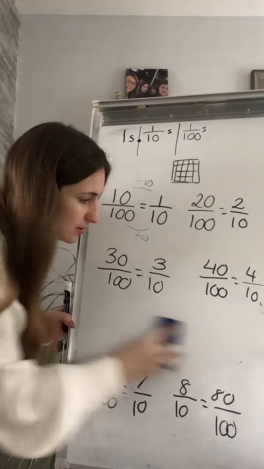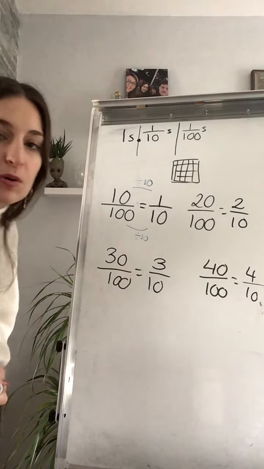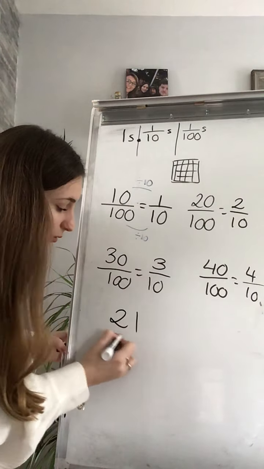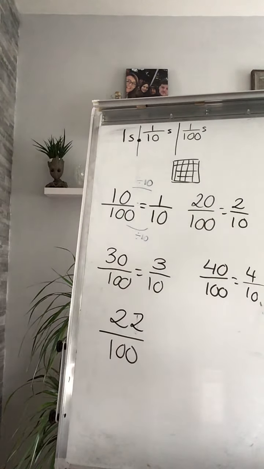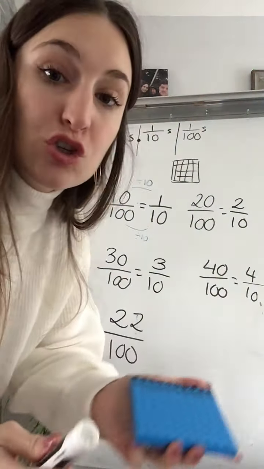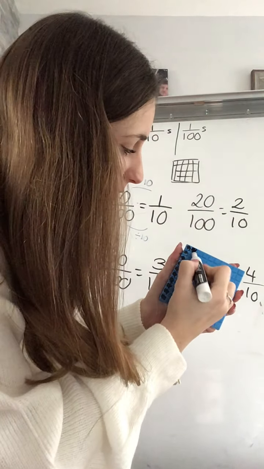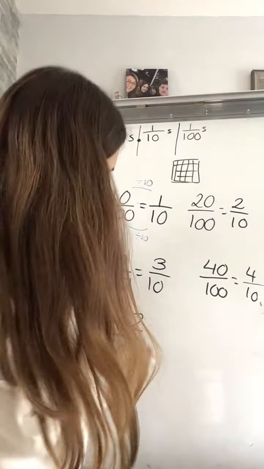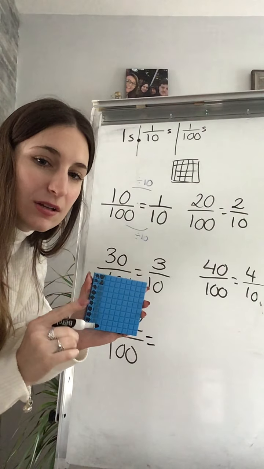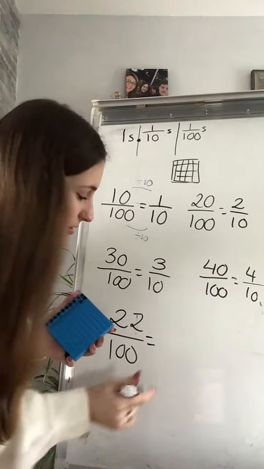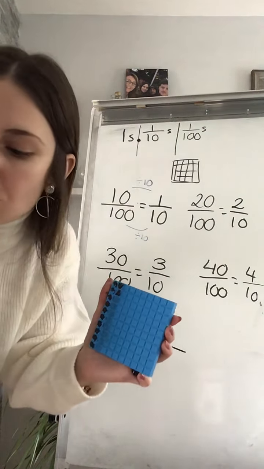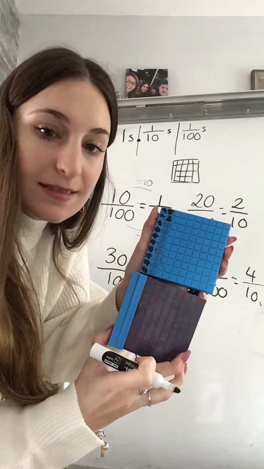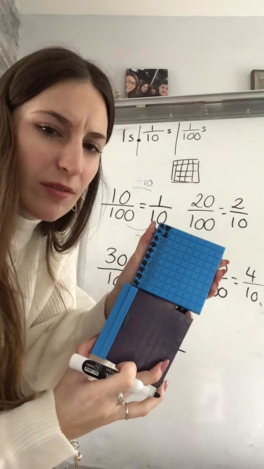So I'm going to just rub off these last two, and then we are going to see what happens if you have 21 hundredths, or actually I'm going to put 22 hundredths, like I had at the beginning. You remember when I had 22 hundredths? And if you ever need to find this as a fraction and you are dividing it because you want to see it in tenths, you saw already that 2/10 was more than 12 hundredths.